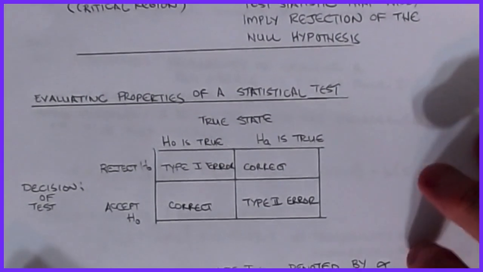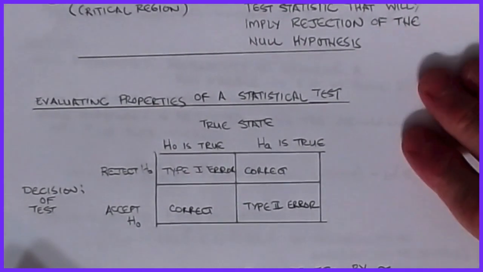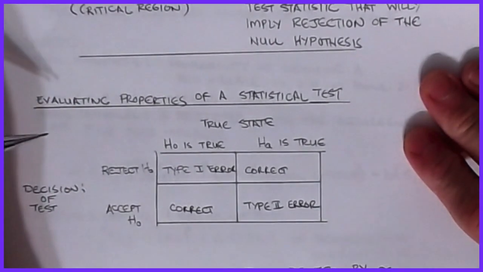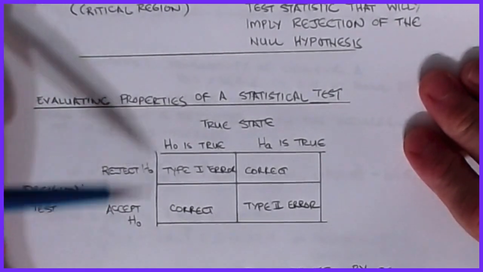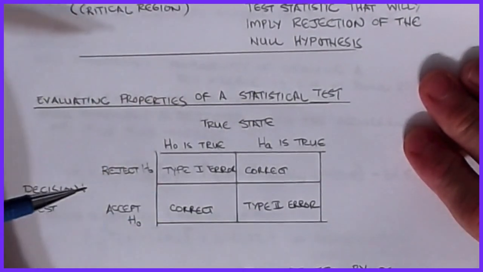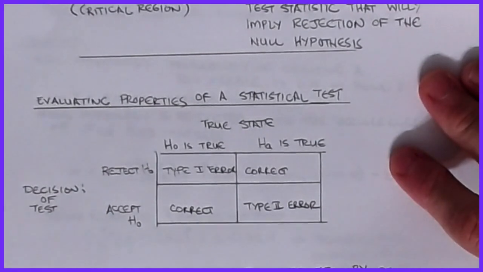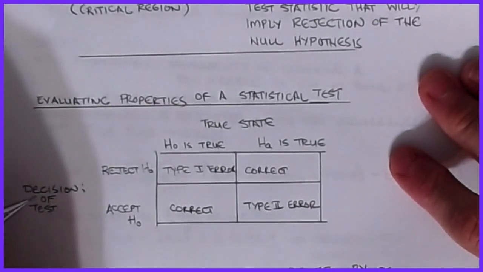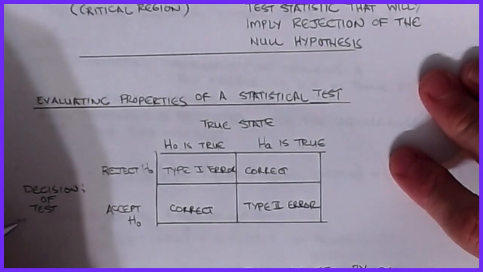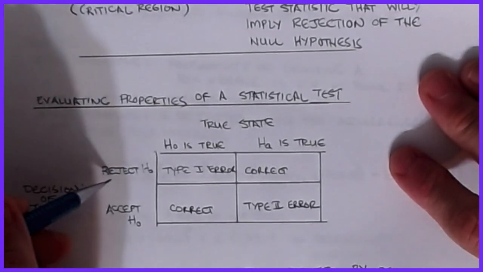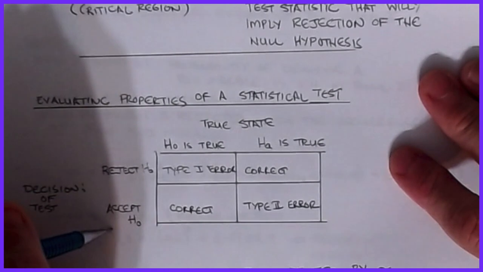Now, in a statistical test we need to be able to evaluate several properties, and it revolves around a 2x2 grid. We have a couple of different events. On this axis I have the decision of my test: should I reject H0 or should I accept H0?